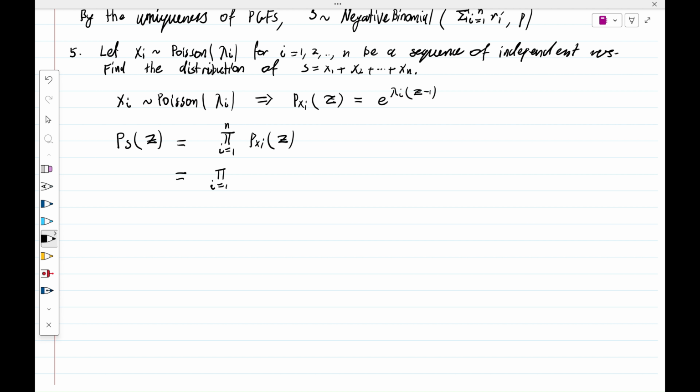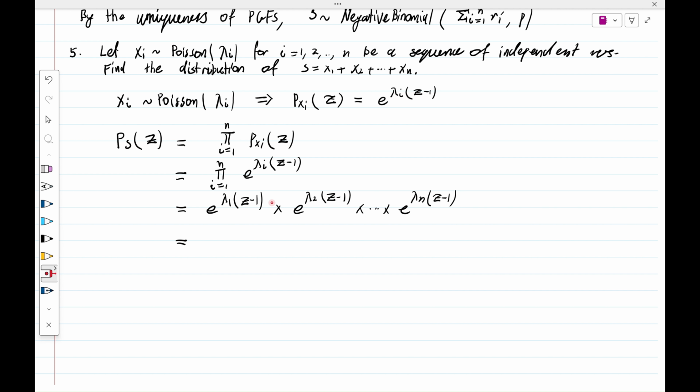So substituting our expression for the probability generating function gives us e to the lambda i (z - 1). Expanding this, with the index i equals 1, gives us e to the lambda 1 (z - 1). Using the next index, we'd get e to the lambda 2 (z - 1), times ... times, all the way to e to the lambda n (z - 1).